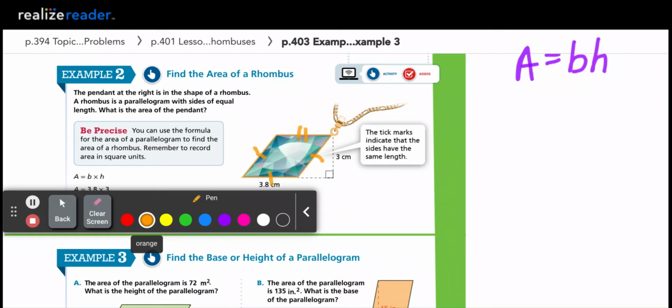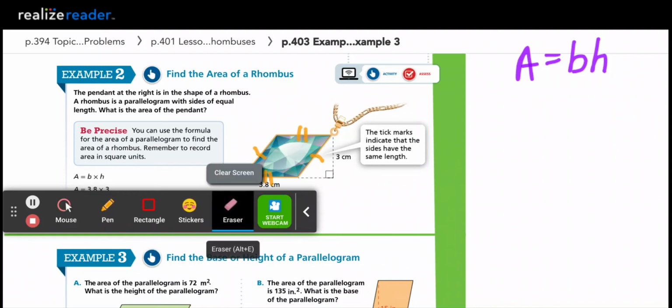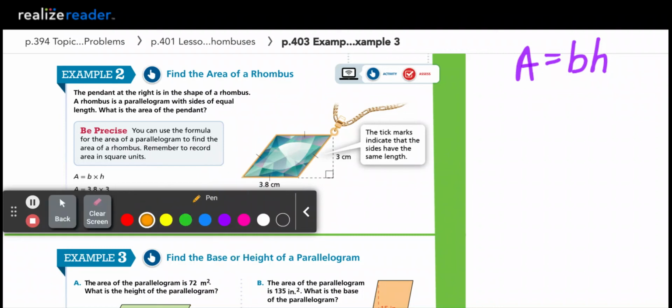If there were 2 tick marks on the top and the bottom, then that would mean that the top and the bottom are the same length, and it's a different length than the left and the right. But in this case, those tick marks are telling us that all the sides are the same. That doesn't mean that the base and the height are going to be the same. And that's why we have to look at this picture very carefully.